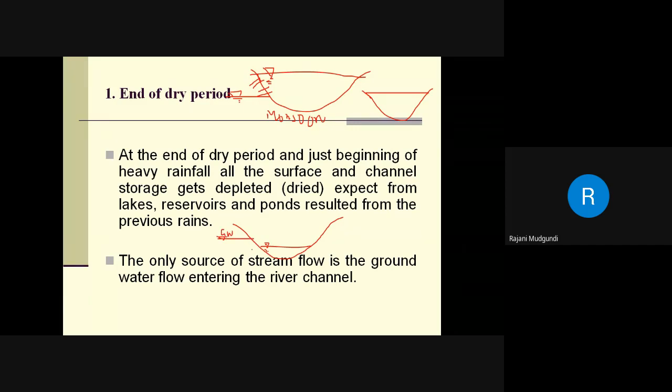Now because of the elevation difference in these water levels, instead of the water from the river going to the groundwater, the higher water level, which is groundwater, is flowing into the river. So during the dry period, the only source of stream flow in the river is the groundwater which is contributing to the flow, right?